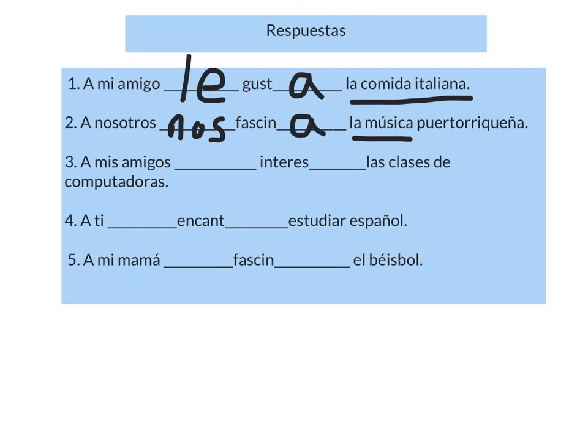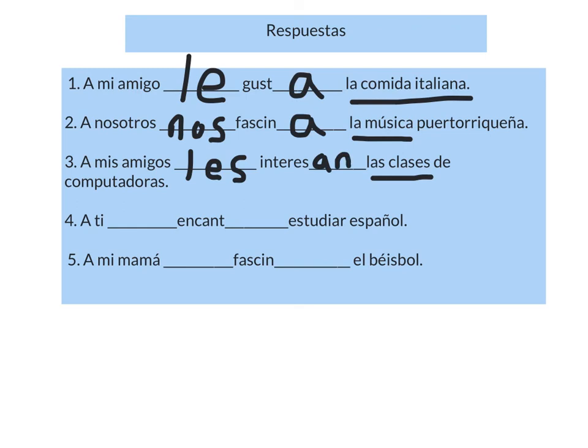And the next one, a mis amigos, or a ellos, we will have the indirect object pronoun les. But in this one, las clases is a plural noun. So we will have the plural conjugation an.